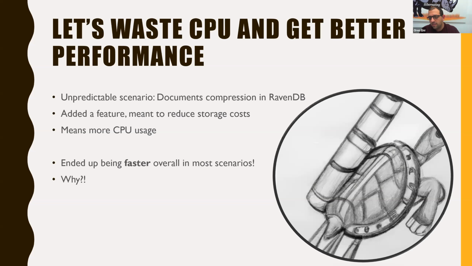If you compress them, they are half. Well, that means that you get twice the IOPS. And it turns out that we are actually far more limited in I/O than in CPU in most cases. So actually spending more CPU time means that we're doing better.